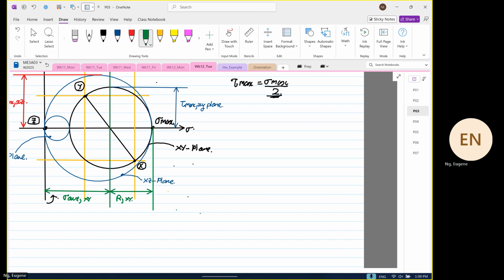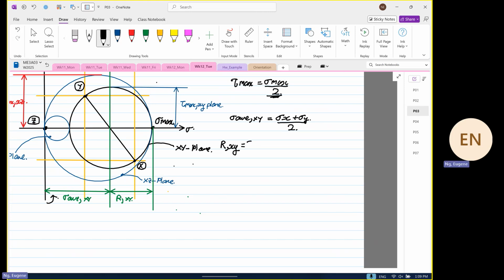Okay. So the first thing we have to determine is our stress average XY, which is equal to stress X plus stress Y divided by 2. Now this is stress Y. This is not capital Y. This is small y. Okay. And then we are going to calculate the radius of our XY plane.